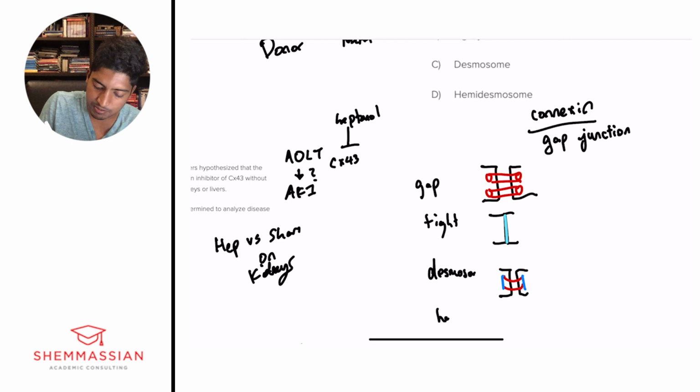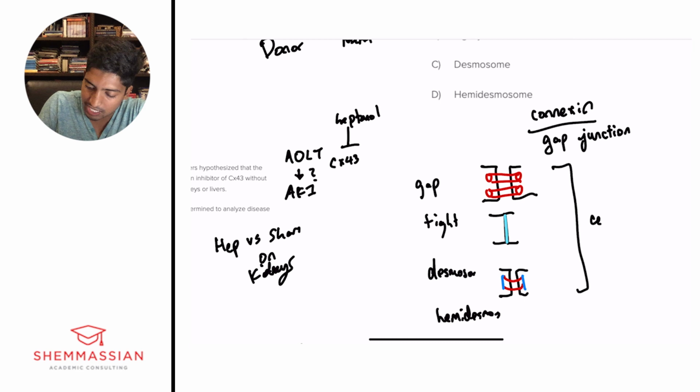And a hemidesmosome is a slightly different type of attachment. In the first three sections, we were looking at cell-to-cell attachment. But a hemidesmosome doesn't deal with cell to cell. Instead, we have a membrane at the bottom that the hemidesmosome attaches the cell to.